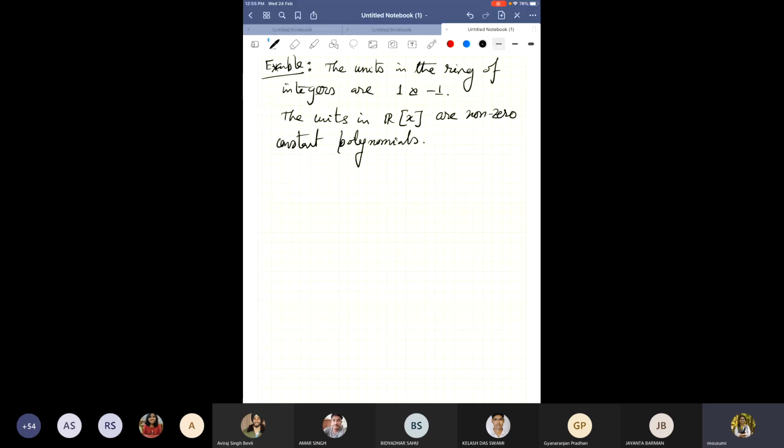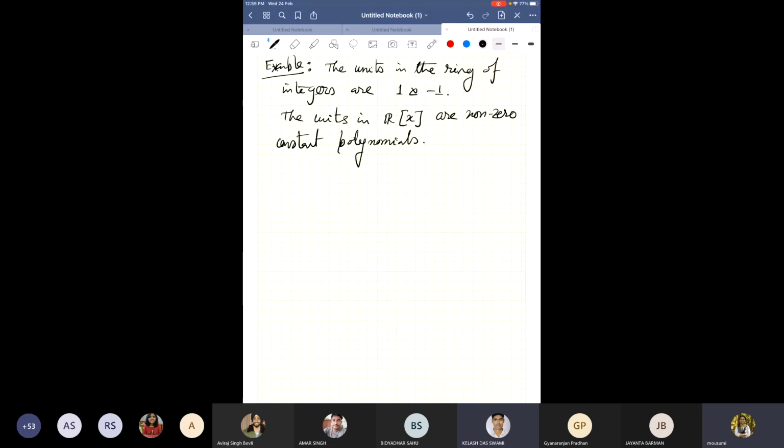Now if I replace the real numbers by any arbitrary ring, what will the units be? The units of the ring. Yes, correct.